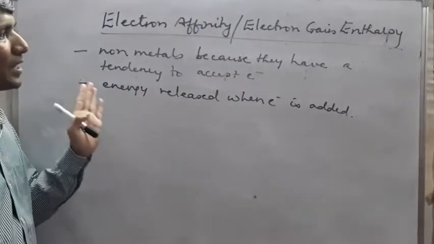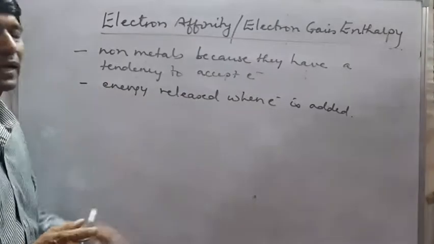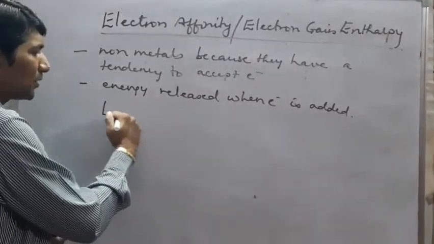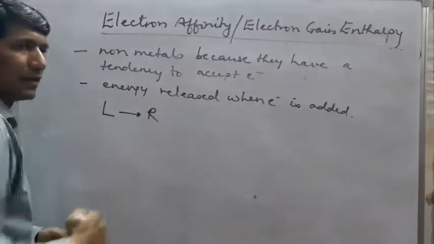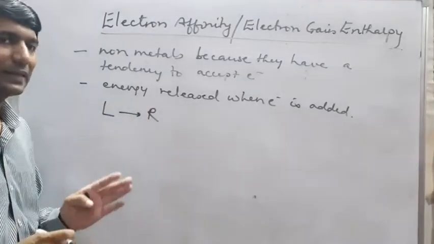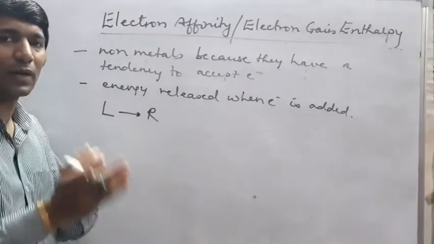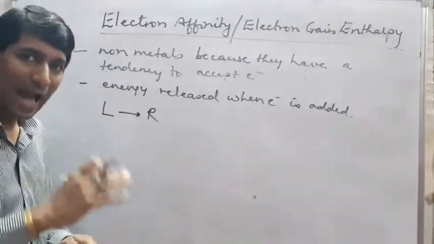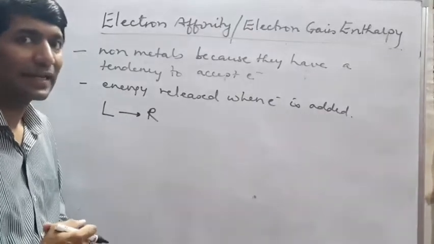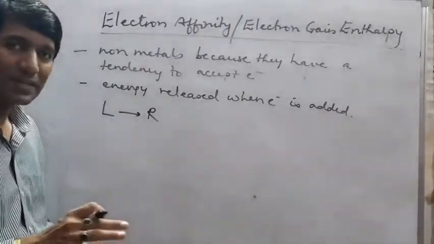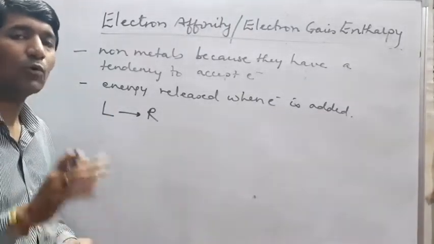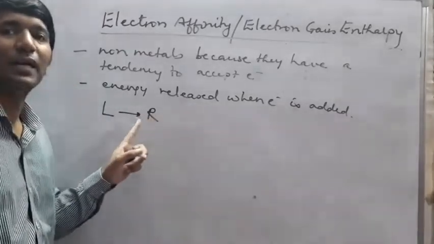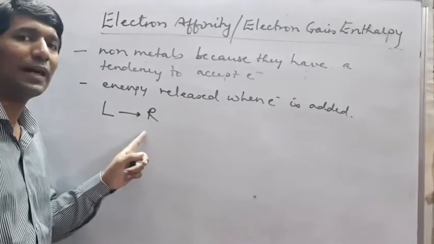Now, if we are talking about the trends for electron affinity, while we move from left to right, all of us know that the metallic character decreases and the non-metallic character increases. So obviously a lesser amount of effort is required to actually add an electron to the atom.